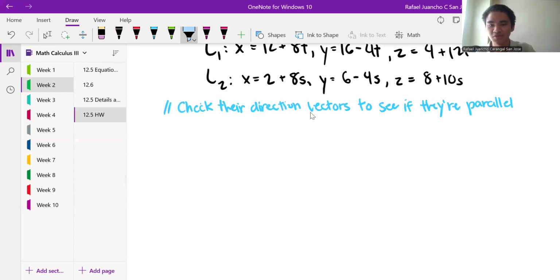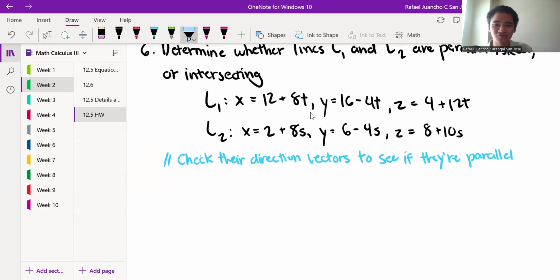So what are their direction vectors? Line one, it's going to be this thing. For line two, it's this thing.